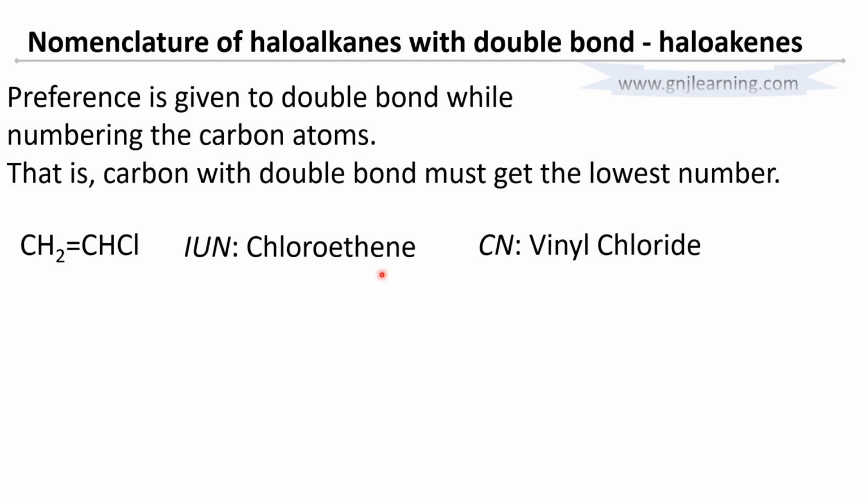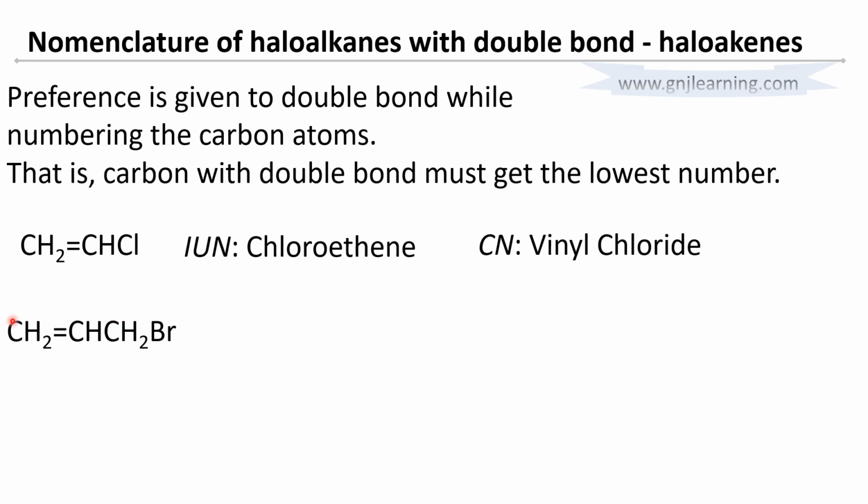Now the next example: I have a compound which has three carbon atoms, one double bond, and bromine attached to it. Again, as we have mentioned, the double bond must get the lowest number. I can number in two ways, either from here or from this carbon.